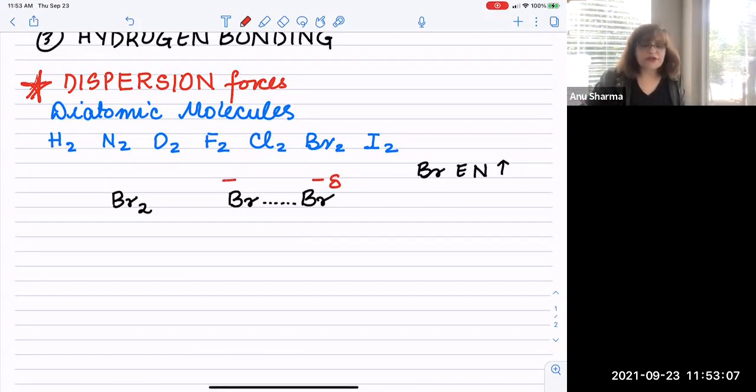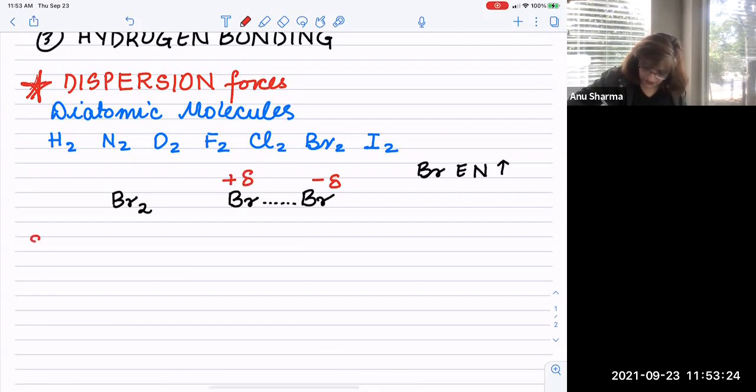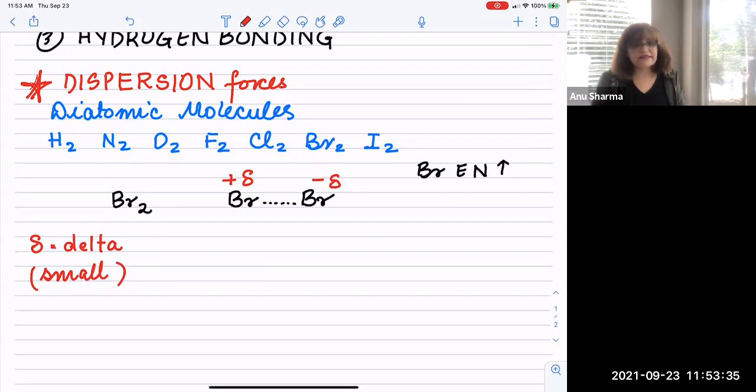Both the bromines are pulling the electron clouds, and it should be with the same pull. But in that tug of war, momentarily, one of the bromines pulls stronger than the other. When that happens, it gets a delta negative charge, and the other one gets the delta positive. Delta means a really small sign, so it's a very temporary small charge. But anyway, that negative and positive has developed.